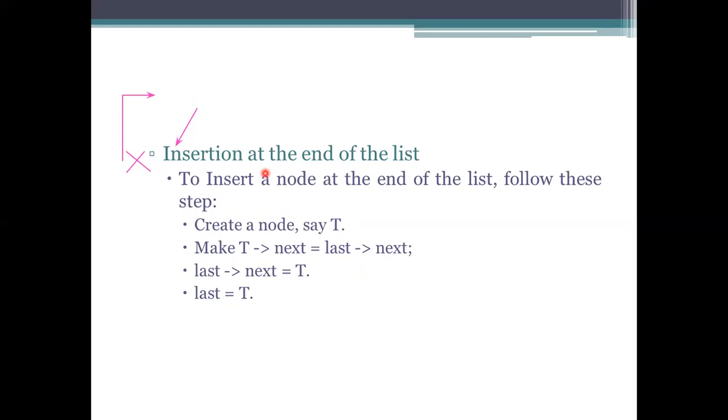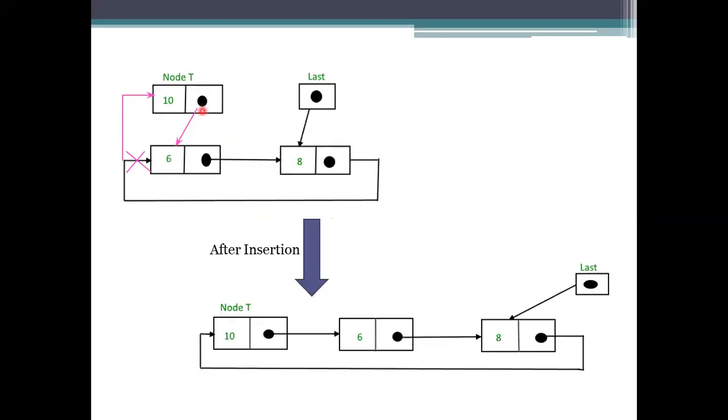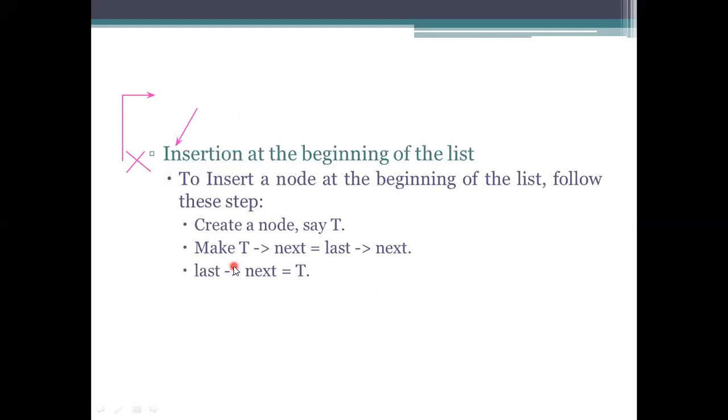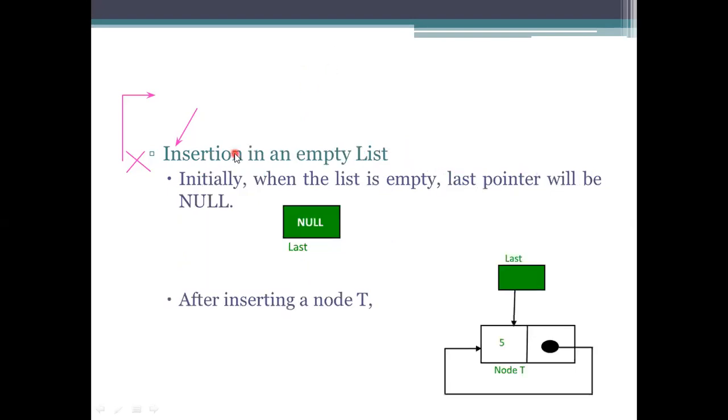So T node's next pointer is here. How we are getting this point here is, we need to initialize T node's next pointer equals to last node's next pointer. So last node's next pointer is 6. So that's why we specify here, T node's next pointer is equal to last next. So how it is going to access, see here.